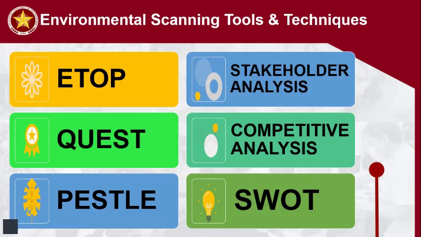The first one listed here is the ETOP, followed by the QUEST, followed by the PESEL, then stakeholder analysis, competitive analysis, and the last one, the SWOT analysis. So they will be discussed in detail on the next slides.